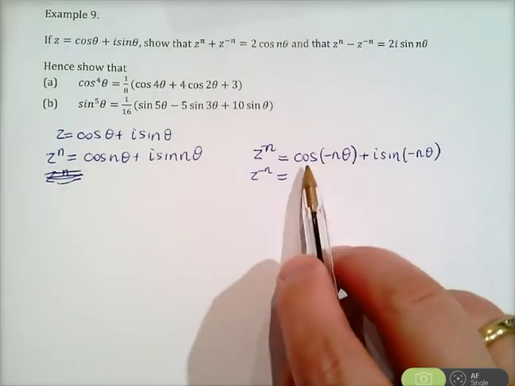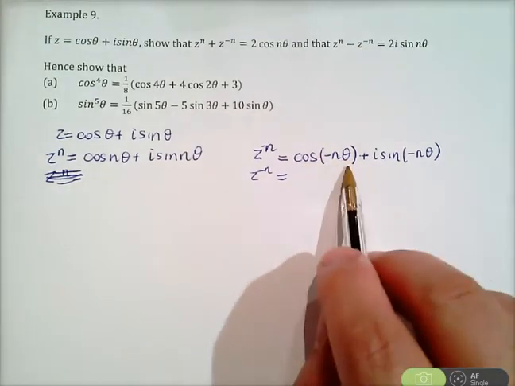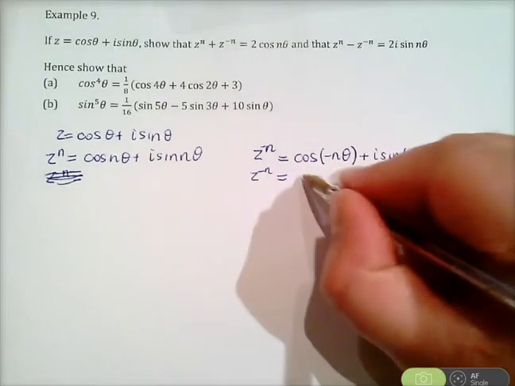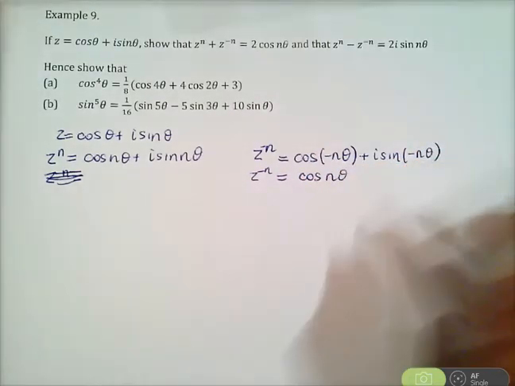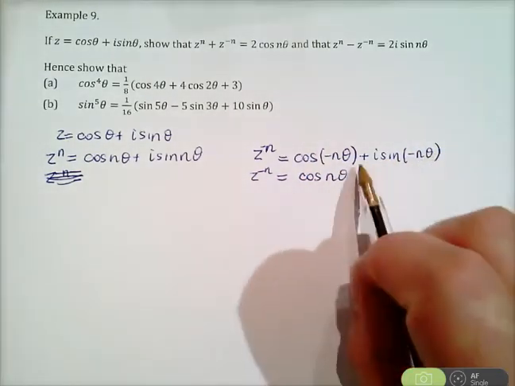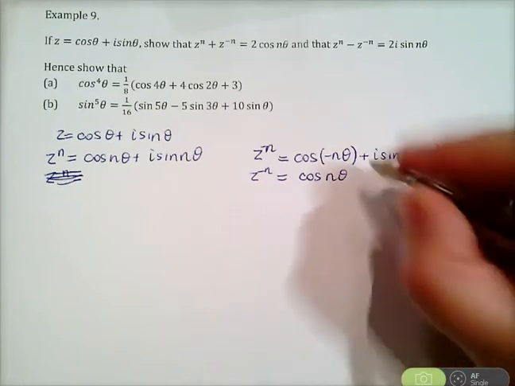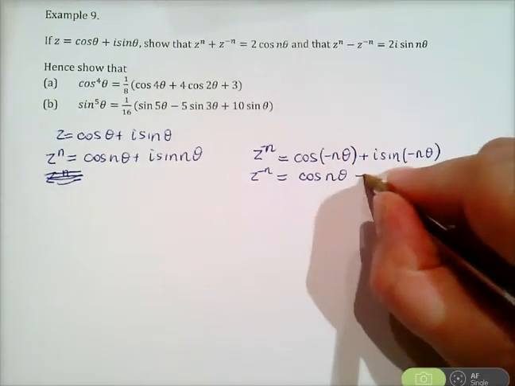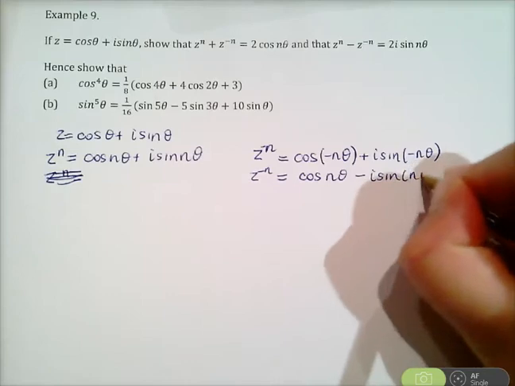Now we know that cos of negative theta equals cos theta, and sine of negative theta is minus sine theta, so z to the power of negative n is cos n theta minus i sine n theta.